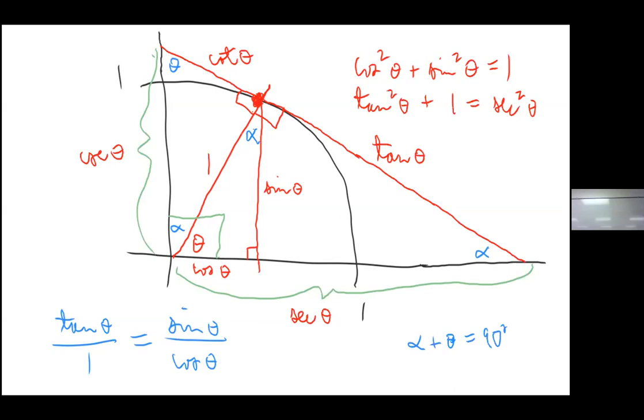Cosecant will be equal to 1 over sine. That will automatically follow just from ratios of similar triangles. But the actual lengths are in the picture right there, and tangent equaling sine over cosine flows out of that picture.